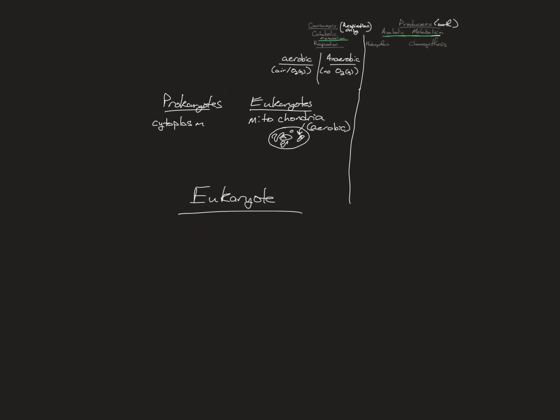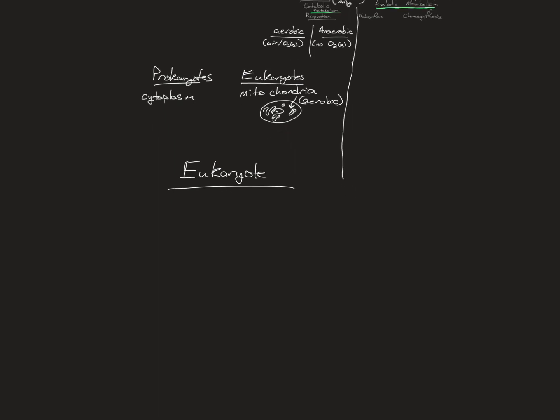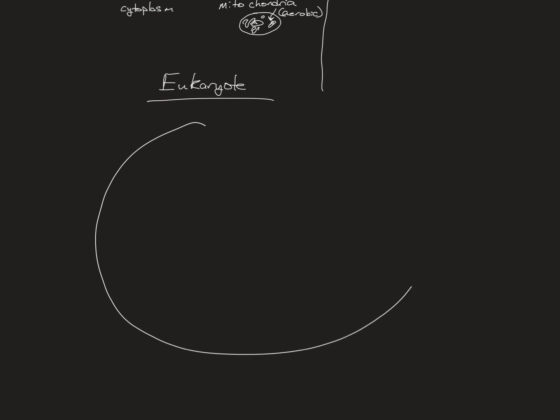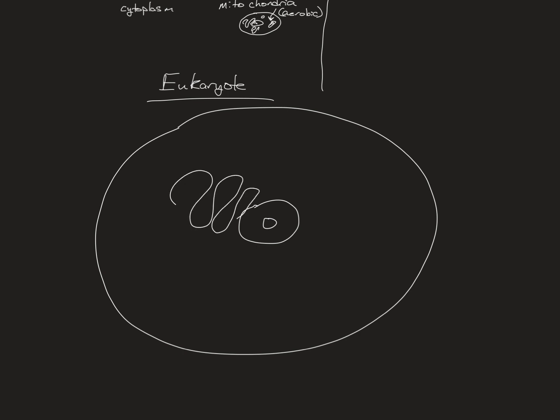All right, so in a eukaryote, obviously you have a cell. Both eukaryotes and prokaryotes are cells. You have a nucleus, you have a nucleolus, you have endoplasmic reticulum. I'm reviewing as I'm talking.